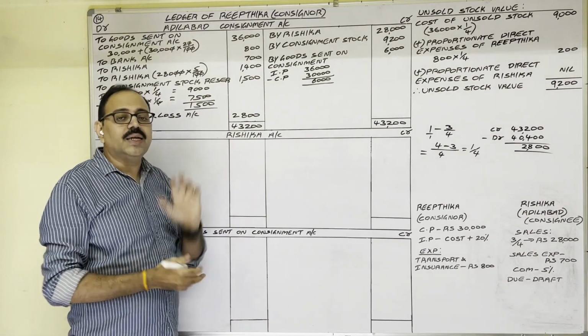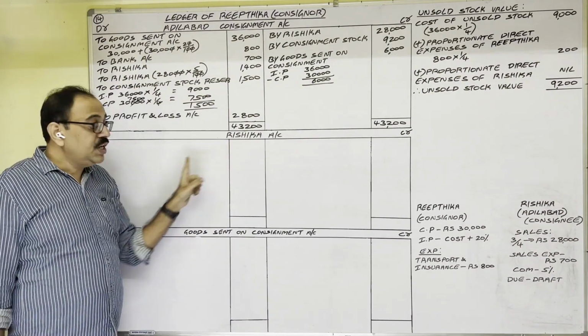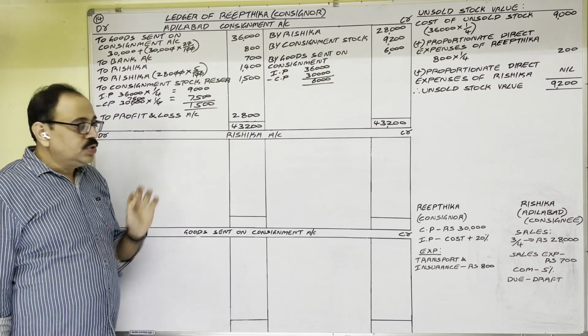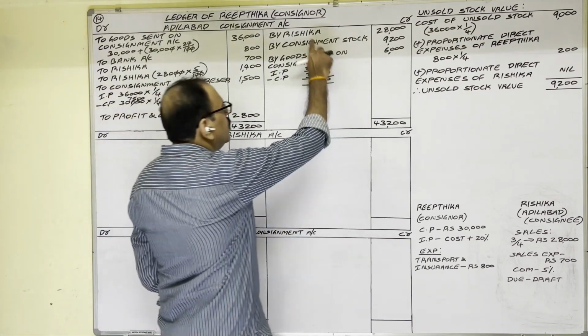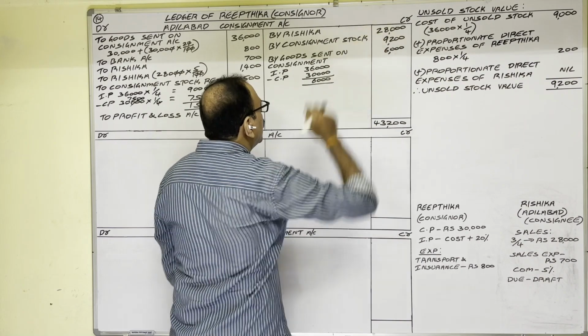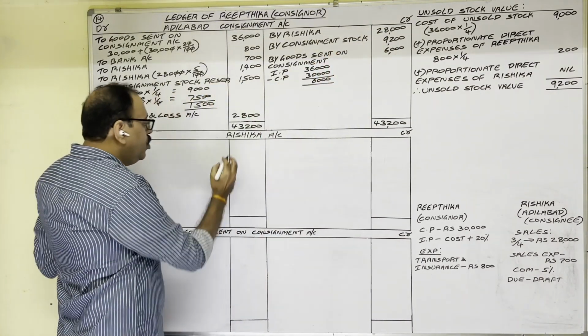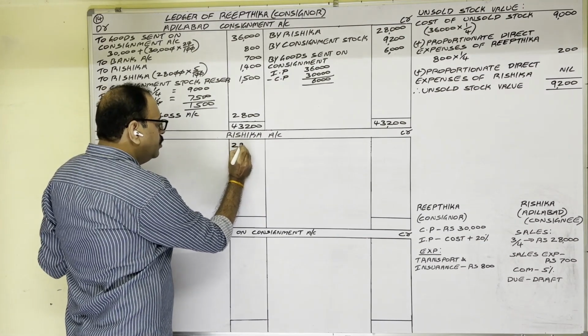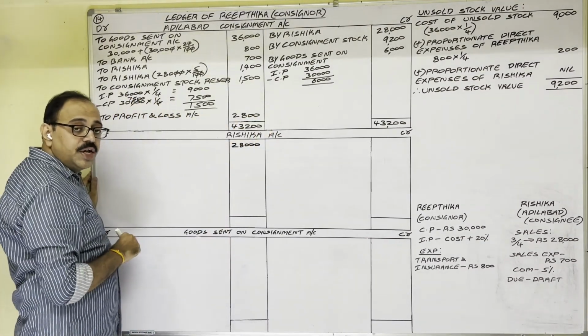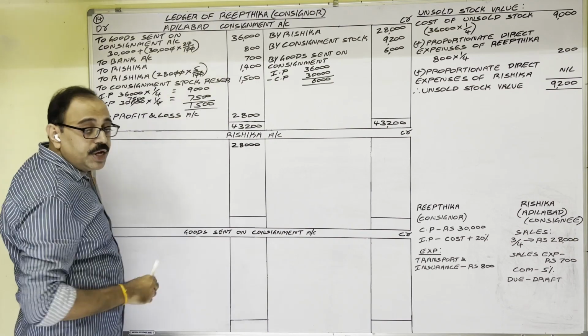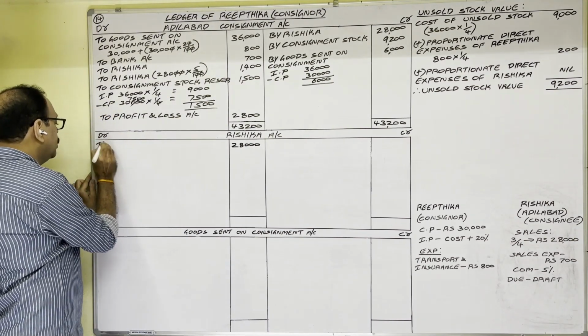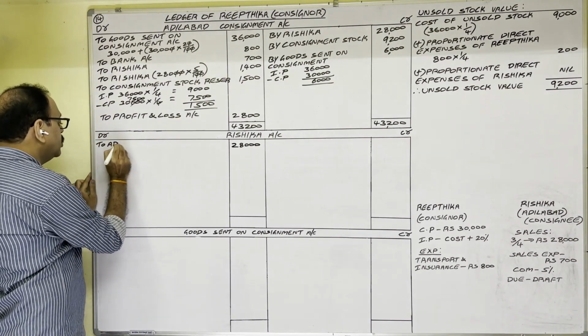Next, come to the consignee's account. Without using journal entries, we want to prepare this account now. The simple technique is: on the credit side, Rishika's name 28,000 is there now. Write that amount on the debit side. From which account are we taking this 28,000? Adilabad consignment account. Write that here: "To Adilabad consignment account."